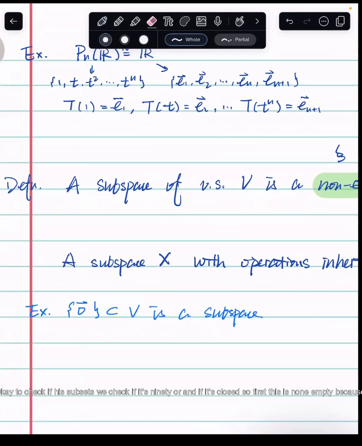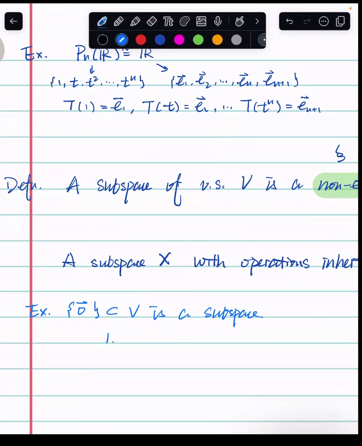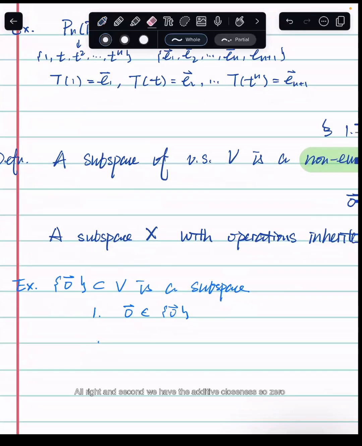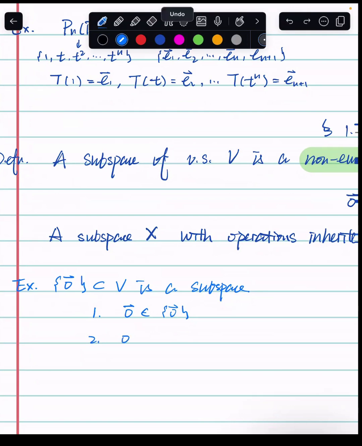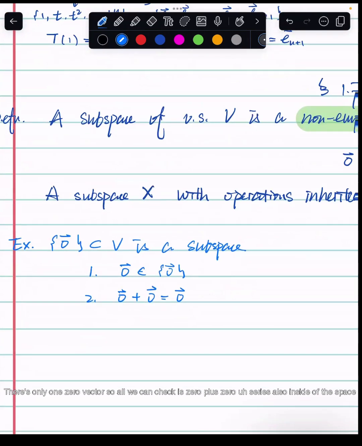First, this is non-empty because 0 is inside. Second, we check the additive closedness. In this subset, there's only one zero vector, so all we can check is 0 plus 0. It's 0, which is also inside of the space.